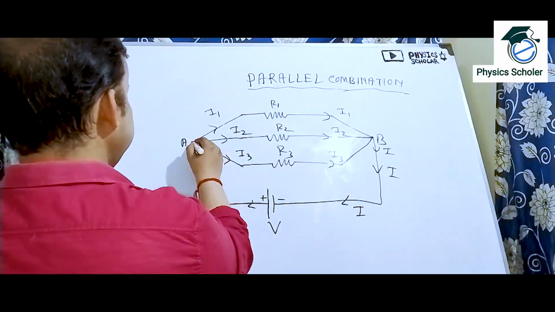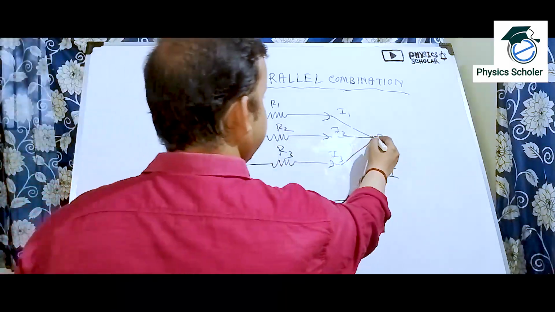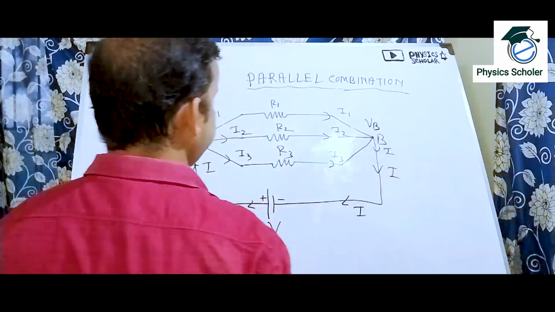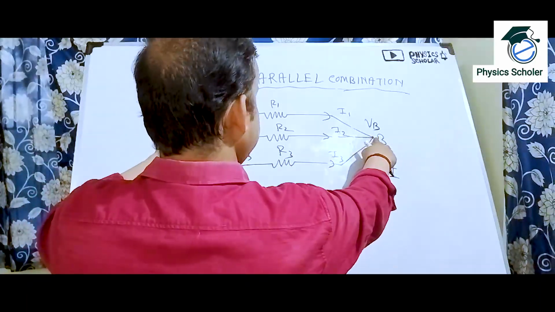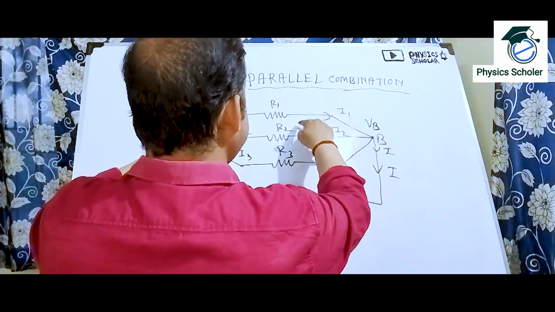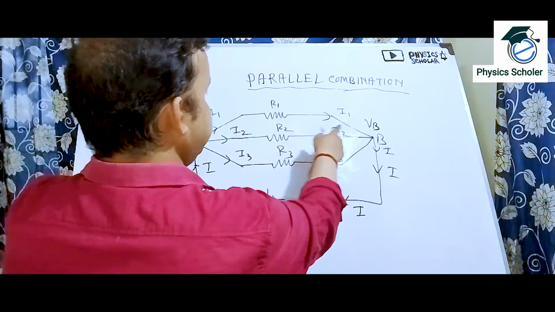Suppose the voltage here is VA and the voltage here is VB. You see here, the potential difference across each resistance is the same, that is VA minus VB.